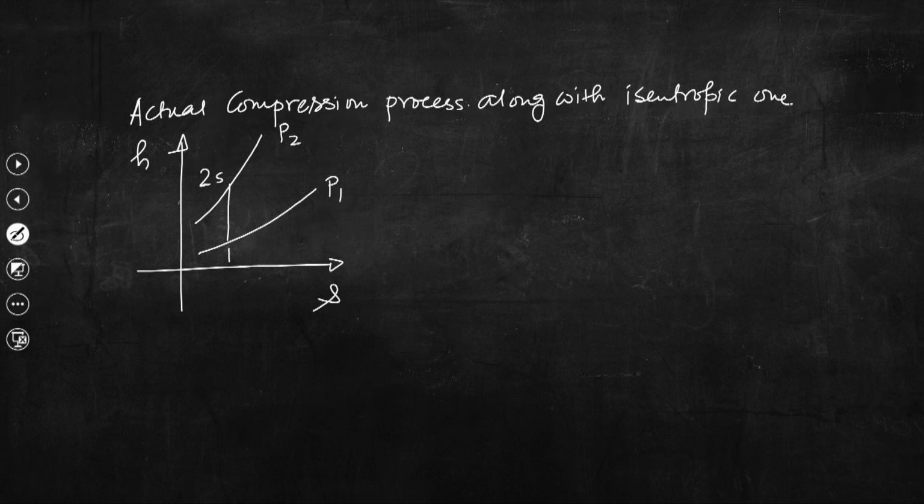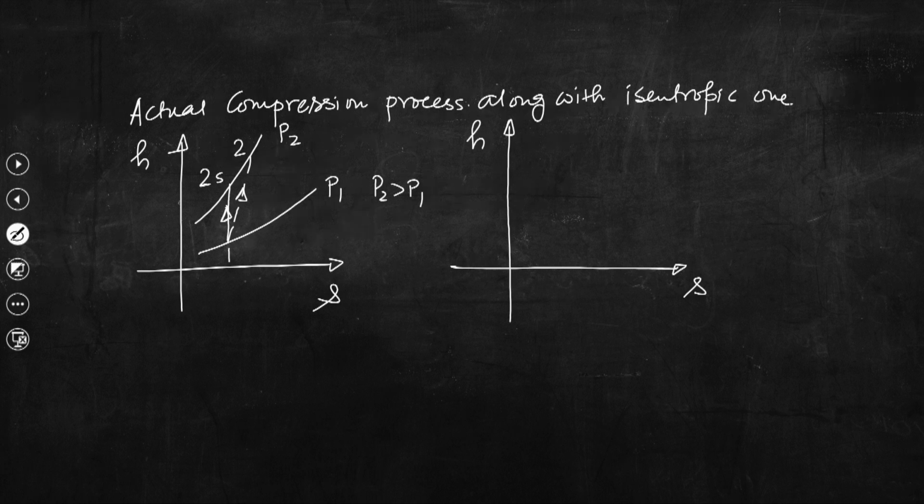If this is P1, certainly P2 is greater than P1, then the actual process would be to 2. So, this is the compression process. Similarly, we draw the h-s diagram for the turbine. This is for the compressor, this is for the turbine.